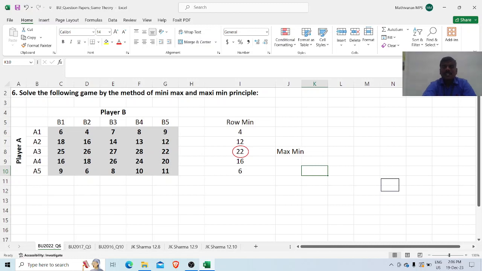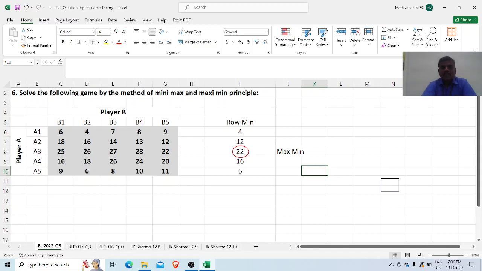What is player A doing here? Player A is trying to maximize the minimum possible gains irrespective of the strategies used by player B, because player A does not know what strategy player B will use to win this game.